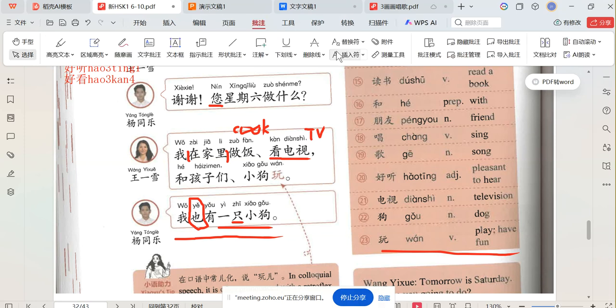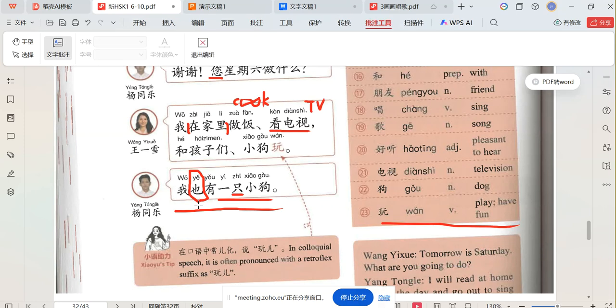How can I ask you this question? 你家里有小狗、小猫吗？Do you have a cat or dog in your home?